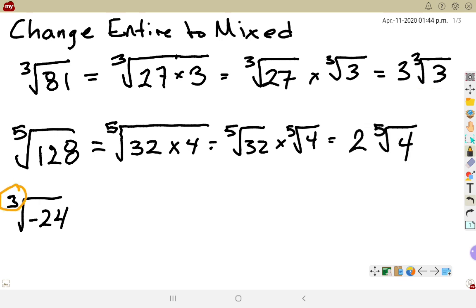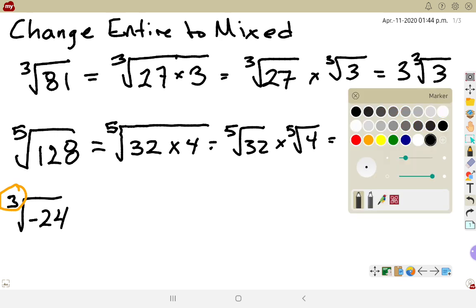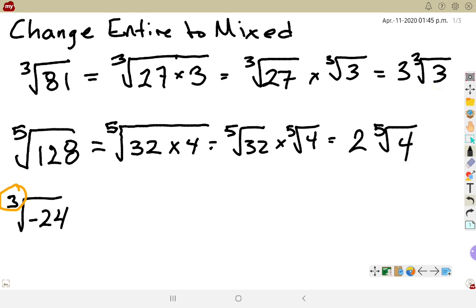So for this one, the index is 3, so having a negative underneath the radical sign is fine, because I can have 3 things multiplying together to give me something negative. There is no way to have a negative under the radical symbol if our index is even. So with an odd index, negatives are fine, even index, no.